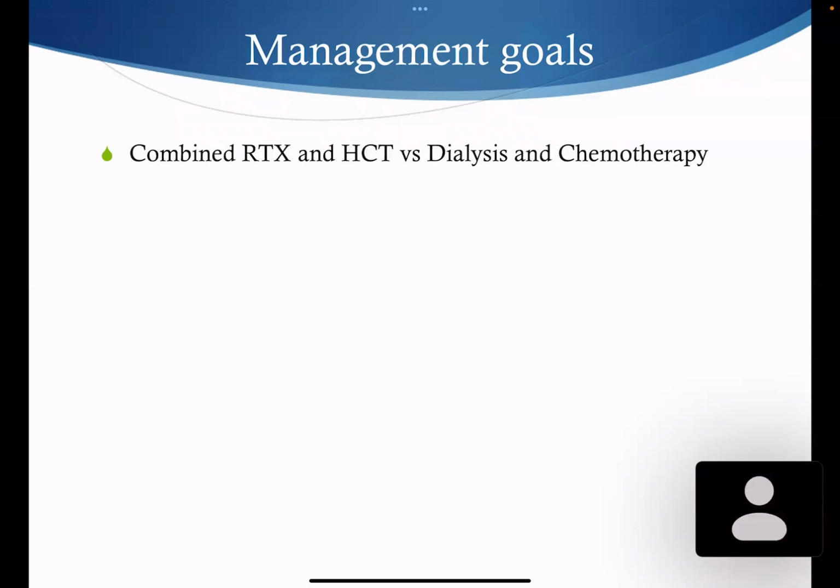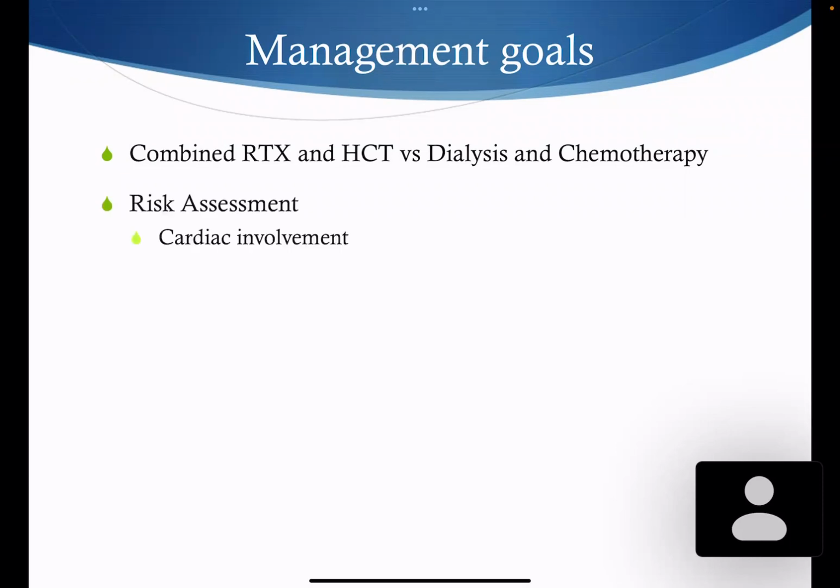Should we go for a combined renal and stem cell or hematopoietic cell transplant? Or should he continue on dialysis and chemotherapy? What is the risk assessment?